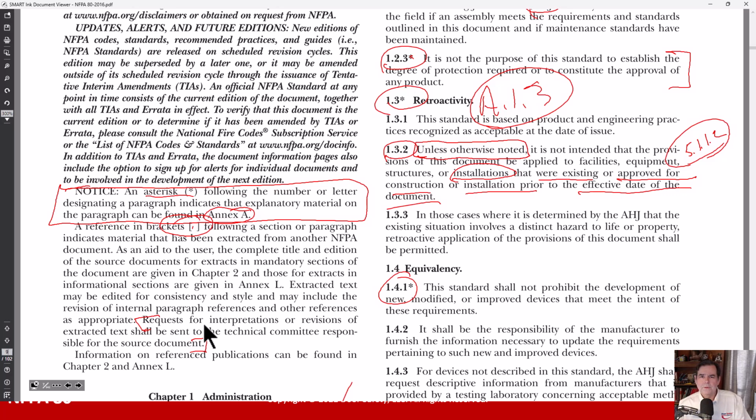It doesn't apply to the millions of doors that were installed before the 2007 edition of NFPA 80. They were wrong, because this statement has been in NFPA 80 since that 2007. It appeared in the 2007 at the beginning of Chapter 5. So these inspections have always applied to all generations of doors.